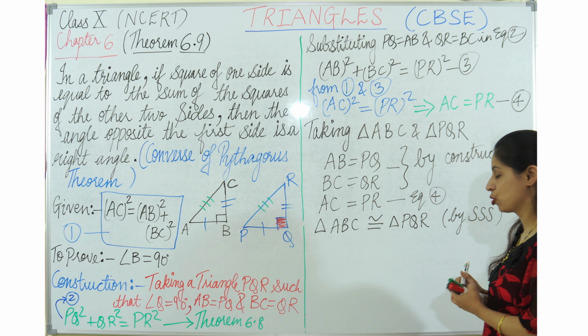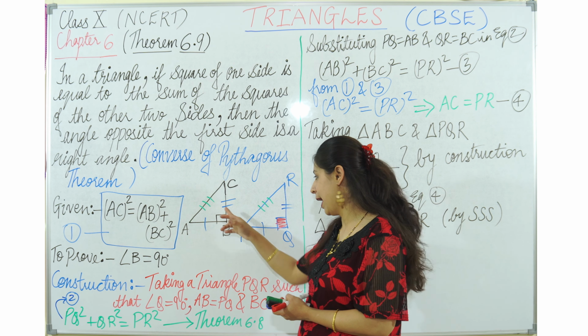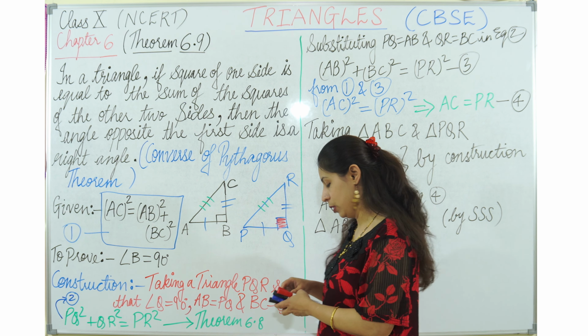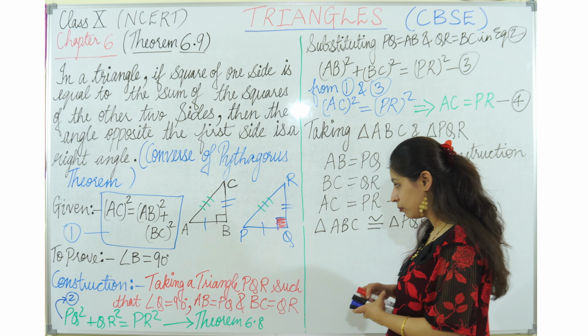So when they are congruent, their corresponding angles will also be equal. So we can easily say angle B is equal to angle Q by CPCT. Corresponding parts of congruent triangles are always equal. We have already studied this.